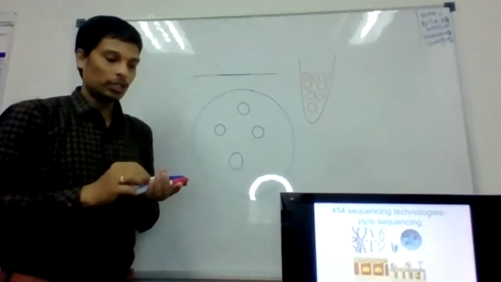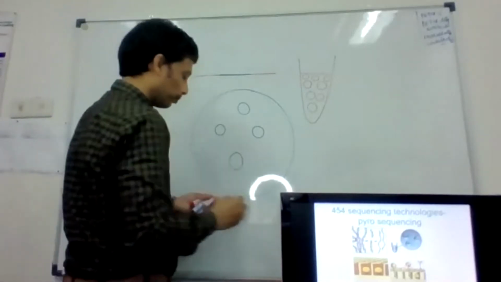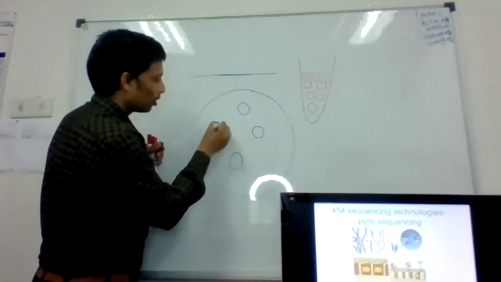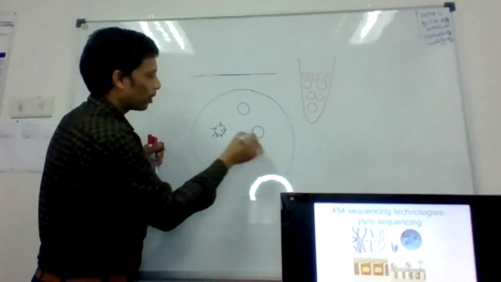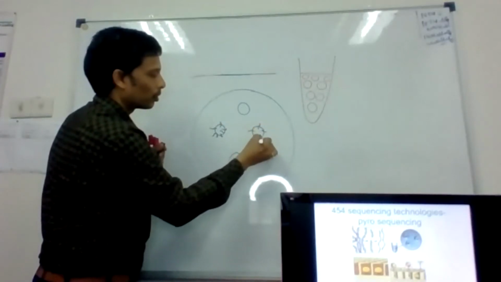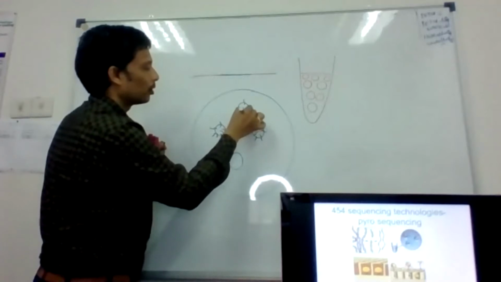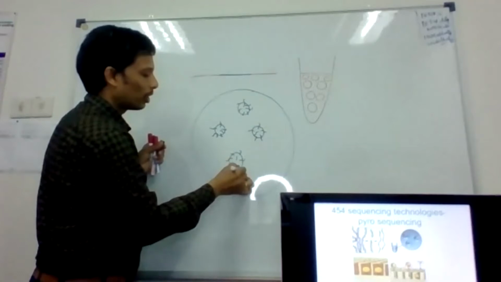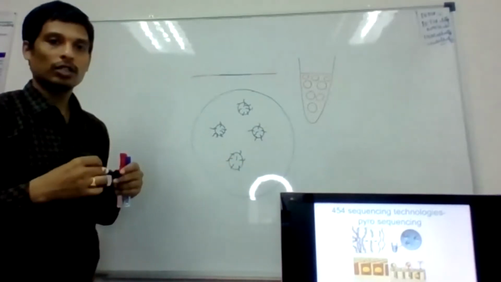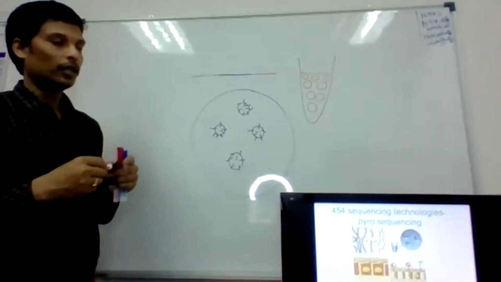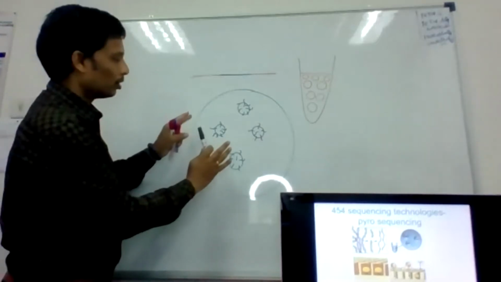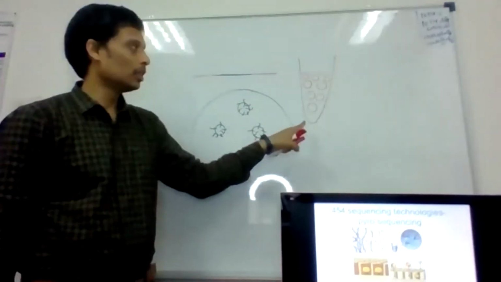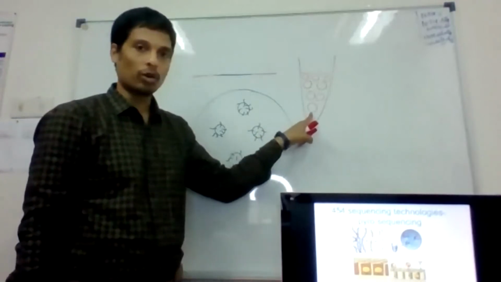Each oil droplet contains some beads, which have immobilized oligos or primers. Immobilized in the sense that they are covalently bound, so you cannot detach them. So again I repeat, there is an emulsion solution. This emulsion has oil droplets.